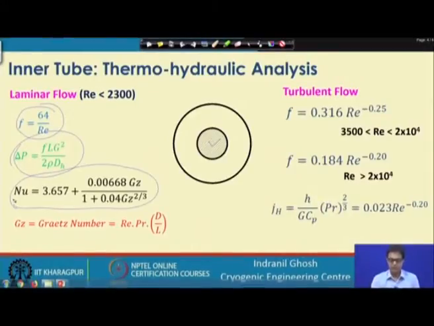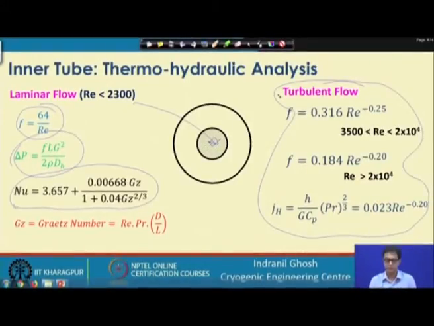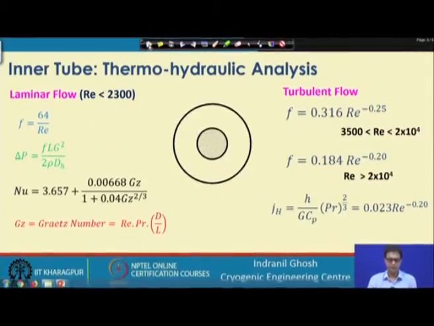This is for laminar flow. The same thing is also valid for the inner tube. For turbulent flow, we have talked about this kind of heat transfer coefficient, and this is valid for this case. So, there is as such nothing new for the inner tube.